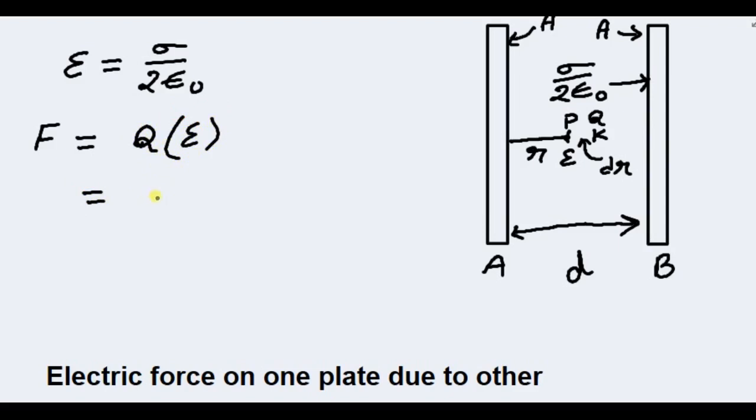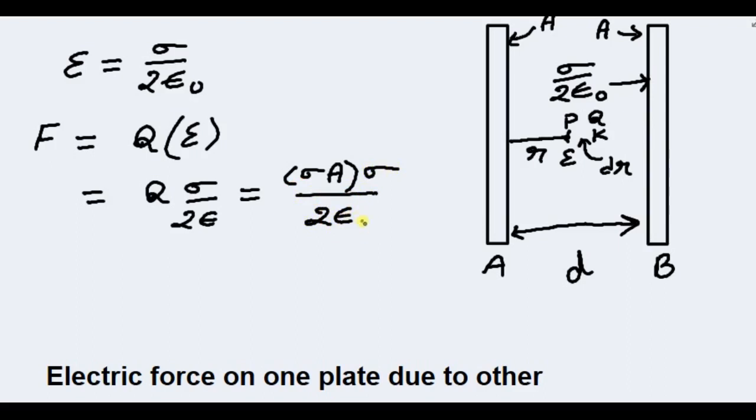Q into E, sigma upon 2 epsilon naught. As the value of Q is sigma A, so we can write sigma A at the place of Q into sigma upon 2 epsilon naught.